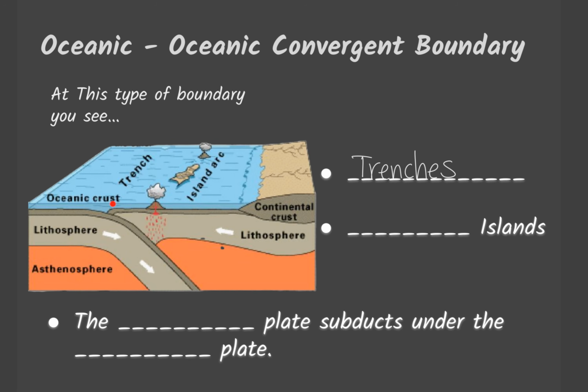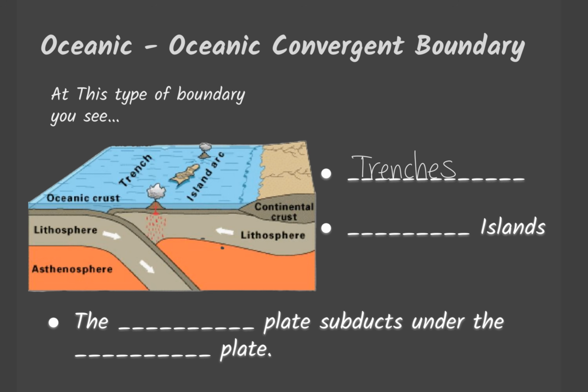So the plate on the right is getting bent, and you can see that it dives down as well. And these trenches create some of the deepest features in our oceans. You might have heard of Mariana's Trench, which is the deepest trench we have in any of our oceans. But anywhere there is a subduction zone where oceanic crust passes underneath another piece of crust, we get a trench.